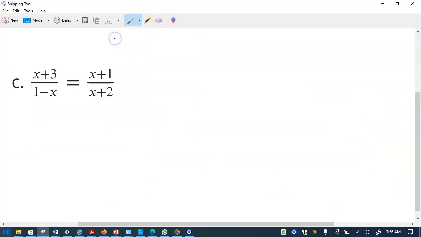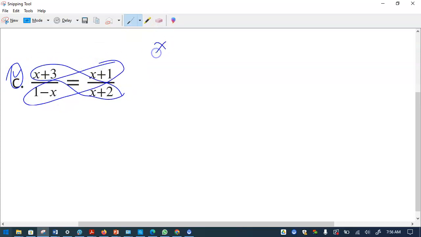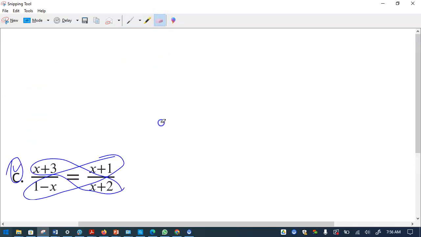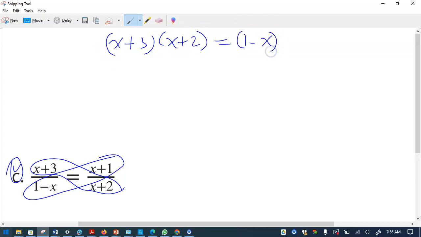So for question C, the third one, I would just do the cross product like this. So this is the best option. When you multiply, it becomes x plus 3 times x plus 2 equals 1 minus x. So this is the product, and you can use the distributive property, or the FOIL method, that means first, outer, inner, last.